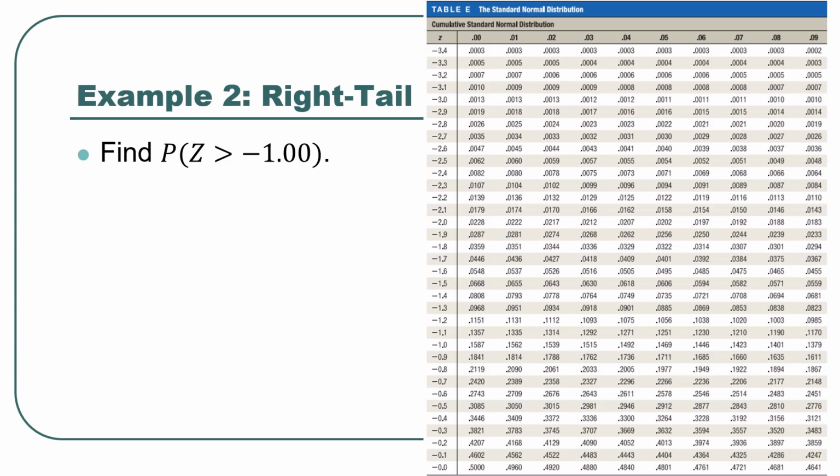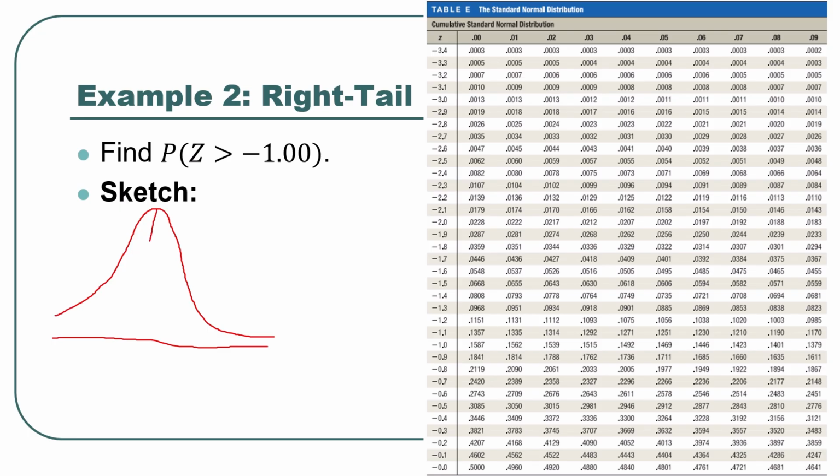So let's see how to get the probability of a right-tailed area. We want to find the probability of z greater than -1, and again the first step is to sketch the area in your probability statement. So I'm gonna sketch the area. Here is my standard normal distribution.